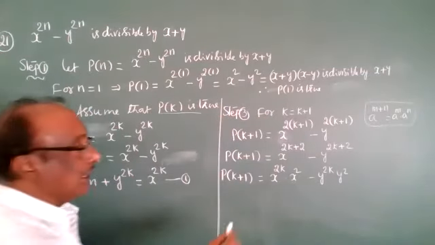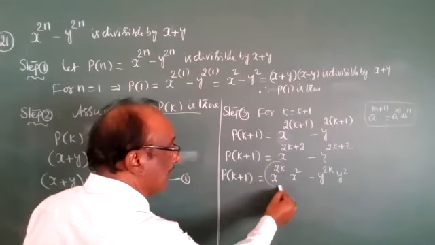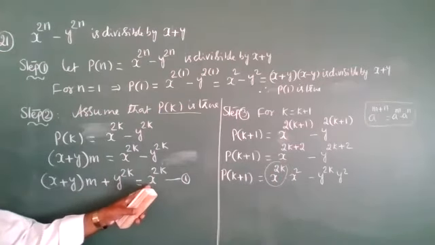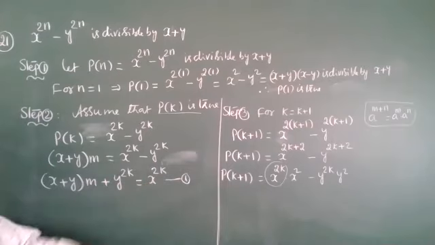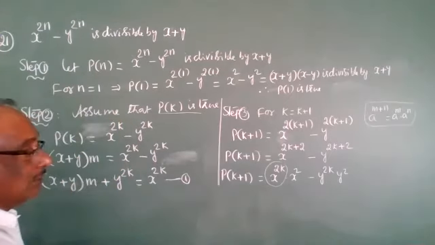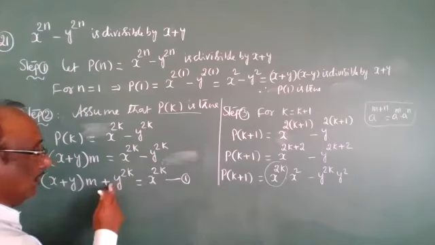Okay? Now from equation 1, write down the x power of 2k value in that place.